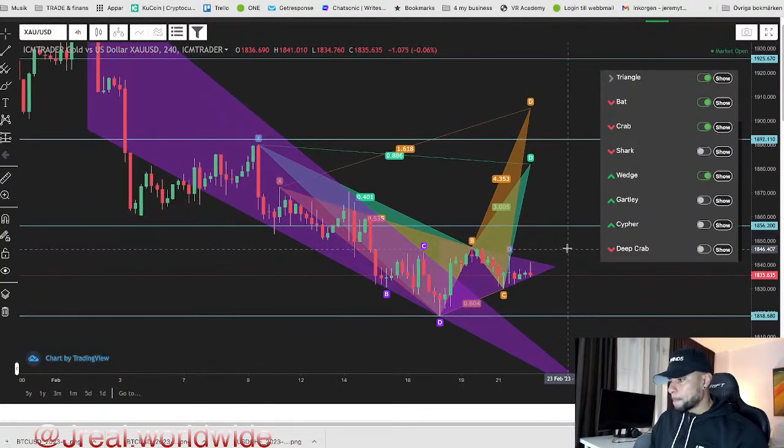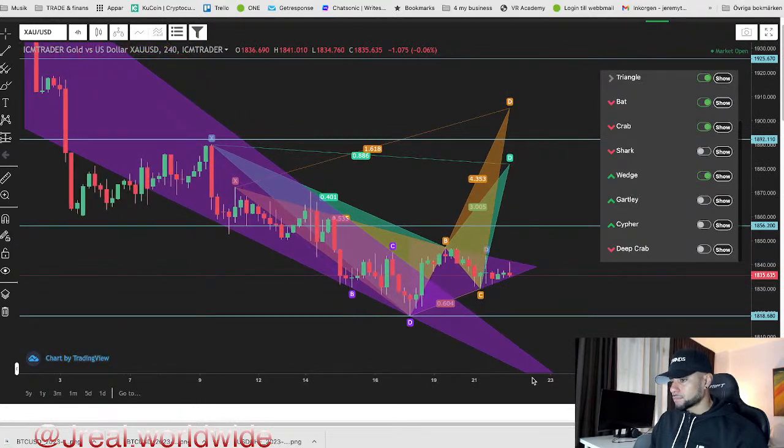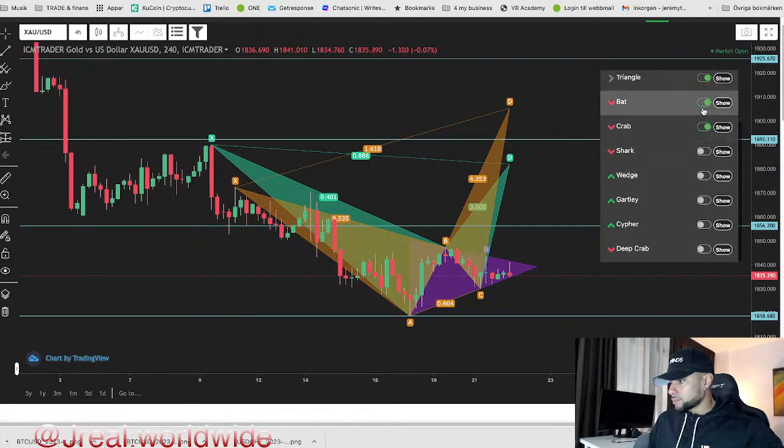All right, so Monero on the 4-hourly time frame, so on the bigger time frame, shows us this. Let's remove this one and let's remove, there it is, triangle. Okay, perfect.